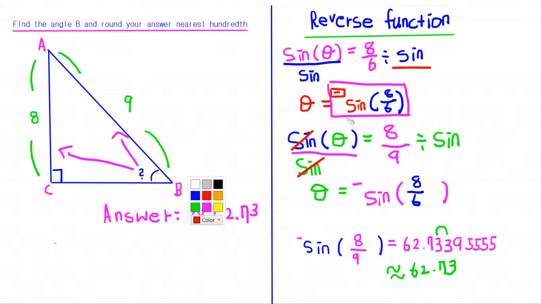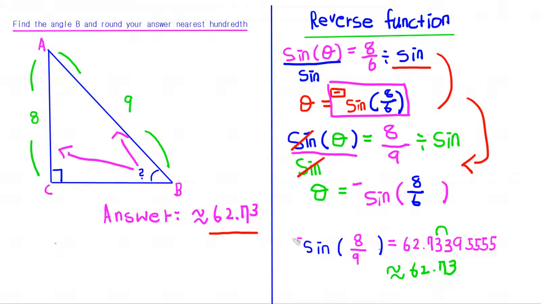We applied this expression and got the answer that reverse sine of 8 over 9 is approximately 62.73. And we're done with finding the angle B.